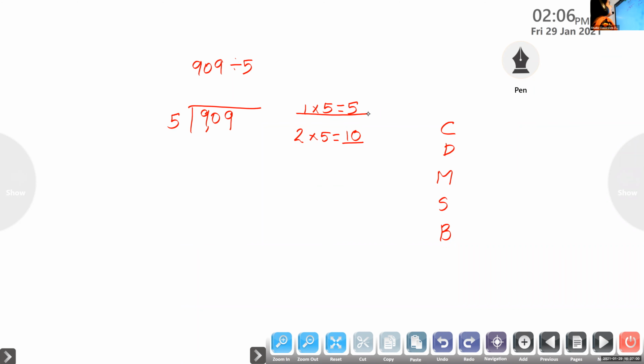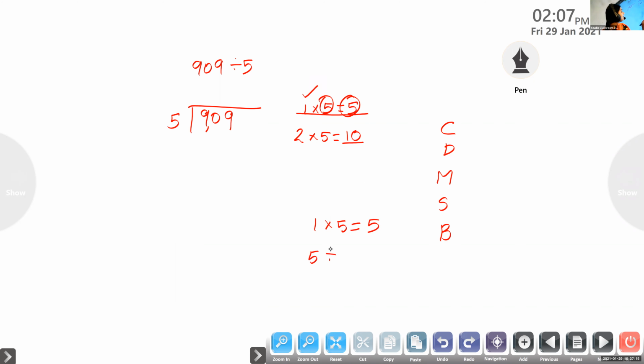And from that, 5 divided by 5 is equal to how much? Listen to the screen. 1 into 5 is equal to 5.